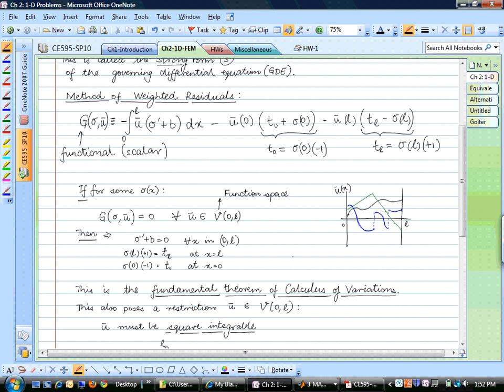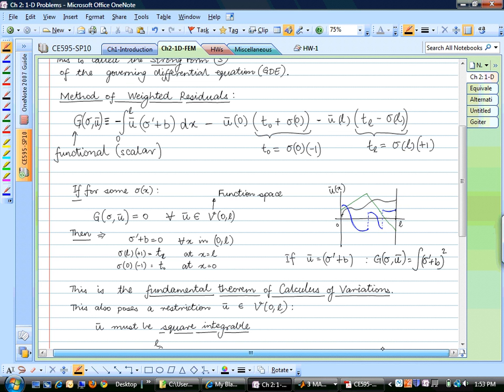So if I choose u bar equal to sigma prime plus b, then the integrand will become the integral of (sigma prime plus b) squared dx. And let me for now leave out the boundary terms.